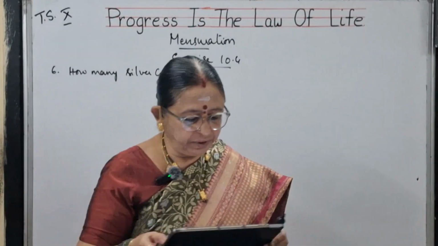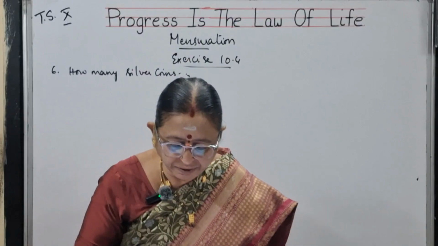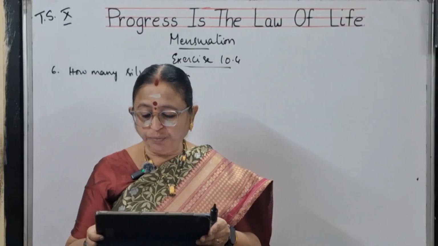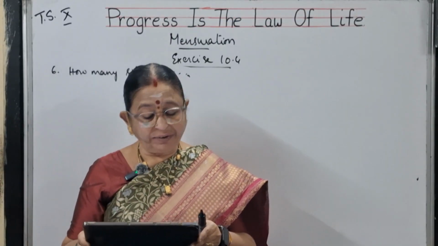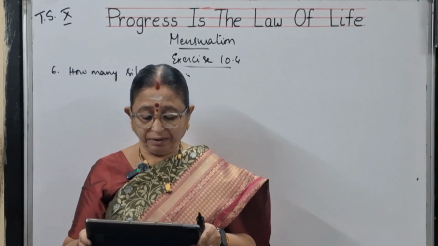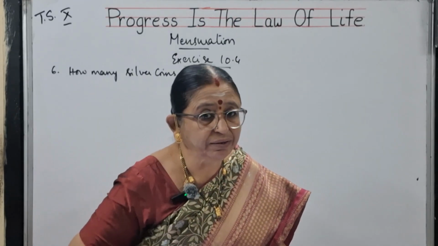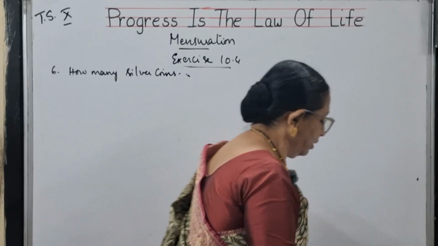Now, sixth sum, children. How many silver coins, 1.75 centimeters in diameter and thickness 2 millimeters, need to be melted to form a cuboid of dimensions 5.5 centimeters into 10 centimeters into 3.5 centimeters? That means silver coins are being melted. So let us see.